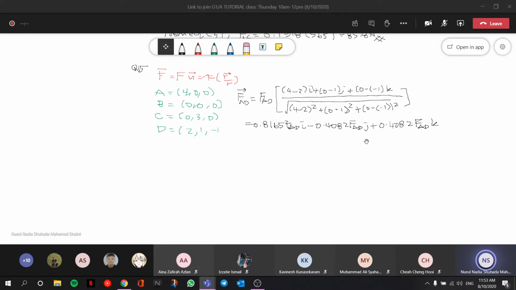Now we solve for vector FBD. So the coordinate B minus coordinate D.